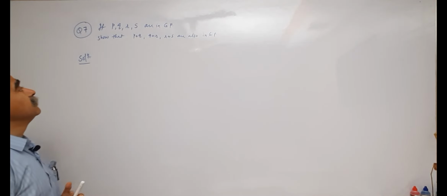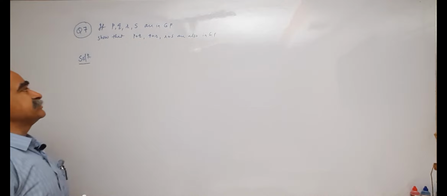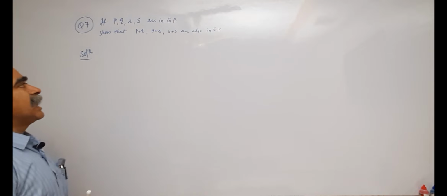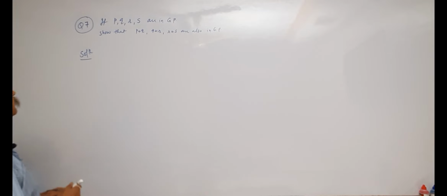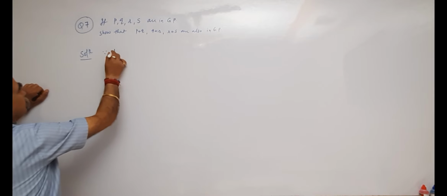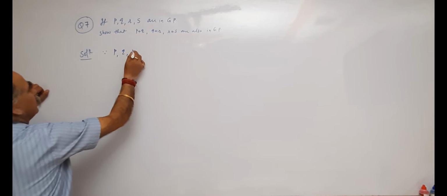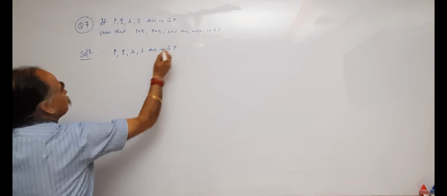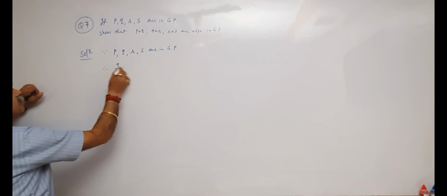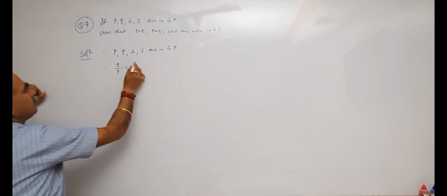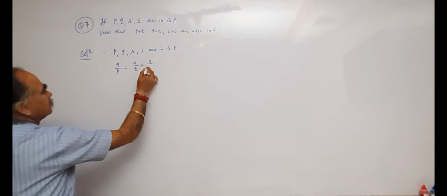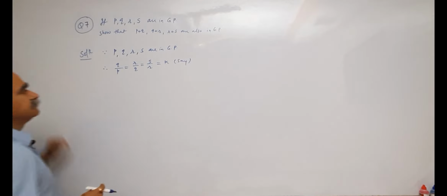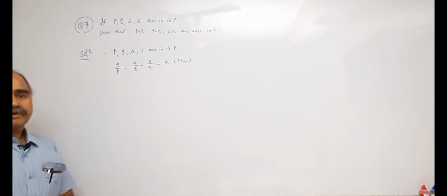Next problem. If P, Q, R, S are in GP, show that P plus Q, Q plus R, R plus S are also in GP. Since P, Q, R, S are in GP, therefore Q upon P is the same as R upon Q is the same as S upon R, and we'll take all the ratios equal to K, say.